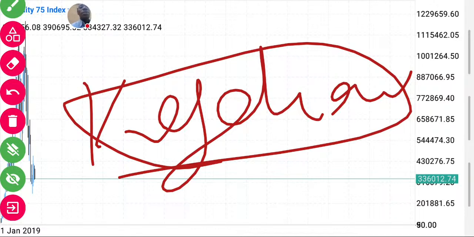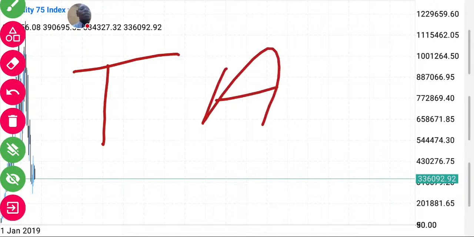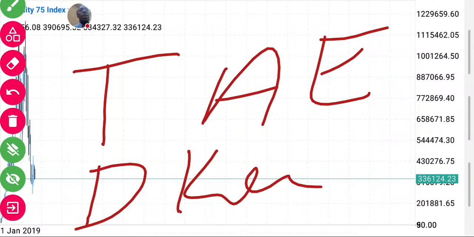So when we are doing our multi-time frame analysis, we have the time frame analysis, the key levels analysis, and then we also have an entry time frame. Are you getting the point?